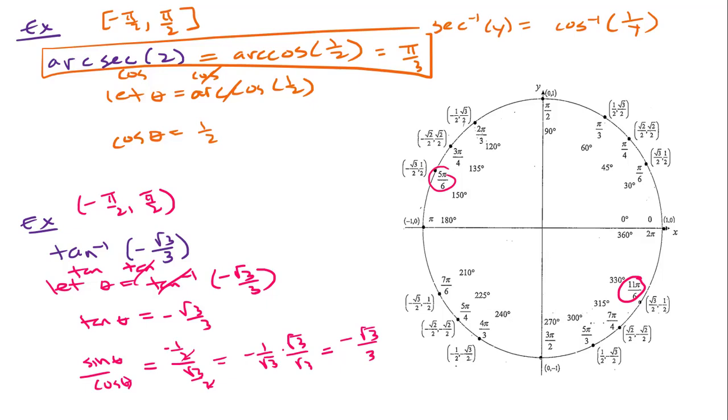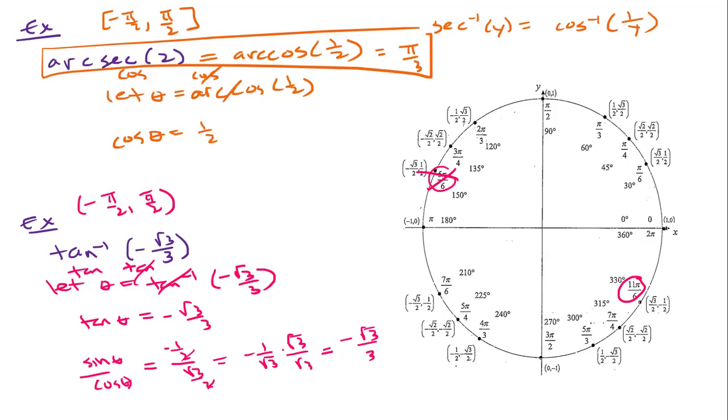That's why it's parentheses instead of the bracket, like the inverse sine and inverse cosine. Okay. So again, 5 pi over 6 is out of the picture, right? Because that's way outside of our parameter.